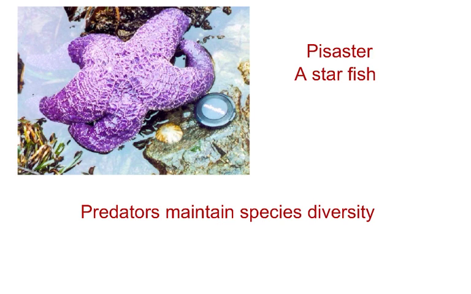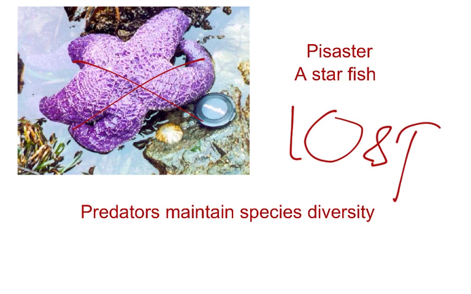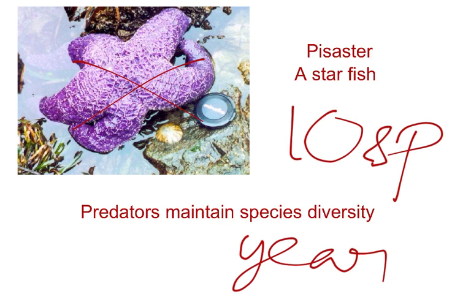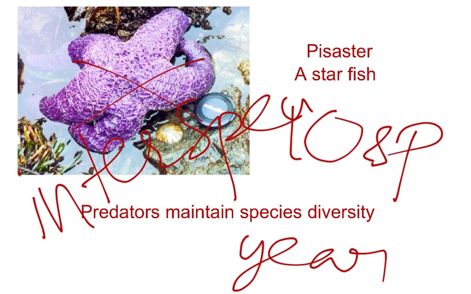In a field experiment, when all the starfish are removed from the enclosed intertidal area, more than 10 species of invertebrates became extinct within a year in that experimental area because of increased interspecific competition.